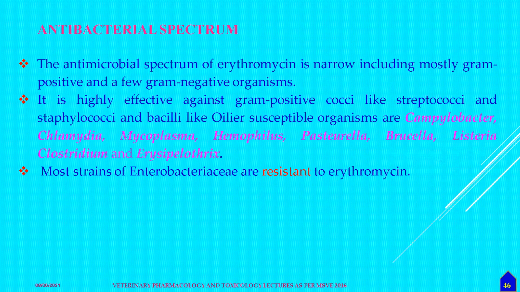The spectrum of the antibacterial activity of this drug is narrow. Yesterday we learned that gram-positive aerobes are especially susceptible, so it is a narrow spectrum, and very similar to that of the penicillins. Whenever there is a penicillin allergy, we can go for erythromycin or the macrolides.